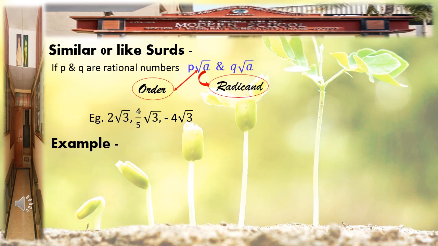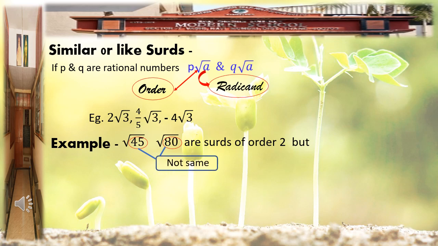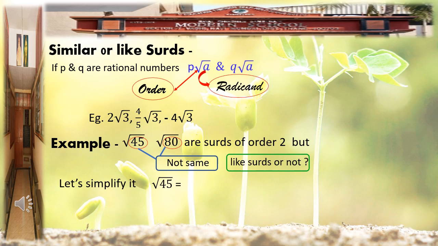Let's take another example, root 45 and root 80. We can see that these are surds of order 2, but radicands are different. So, what do you think? These are like surds or not? Let's simplify it. Root 45 can be written as under root 9 into 5.